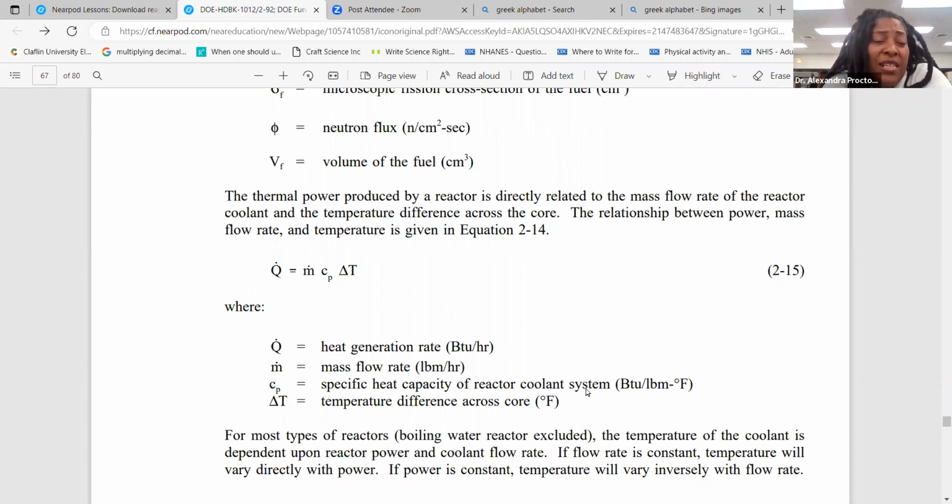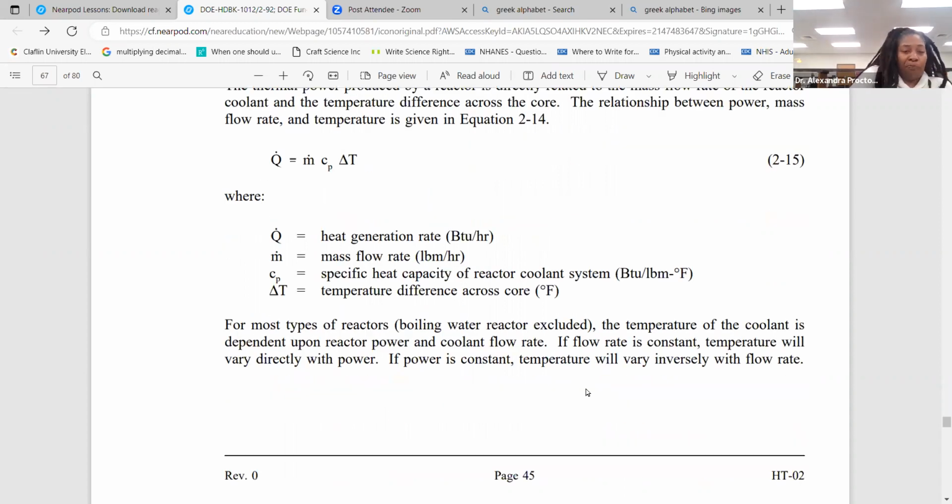Q is equal to m c sub p delta T, where Q is the heat generation rate in BTU per hour, m is the mass flow rate in pound mass per hour, c sub p is the specific heat capacity of the reactor coolant system in BTU per pound mass per degree Fahrenheit, and delta T is the temperature difference across the core, in degrees Fahrenheit.